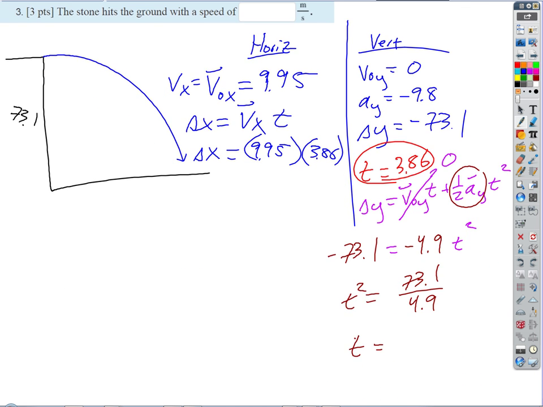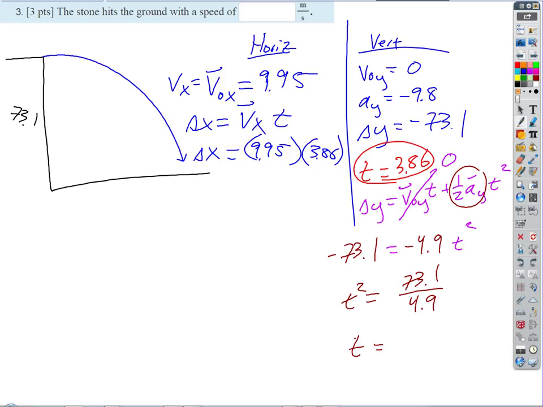To find the final speed of this thing when it hits the ground, all we'd really have to do is find out what the vertical speed is and the horizontal speed is, and add those up as vectors, right? Well, the horizontal component stays the same, it's 9.95. To find the vertical one, we could use, for example, this guy, number 2.